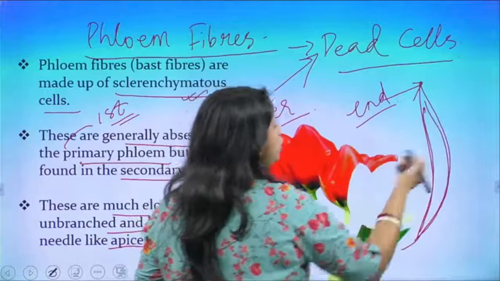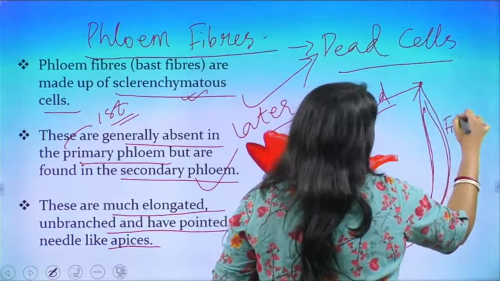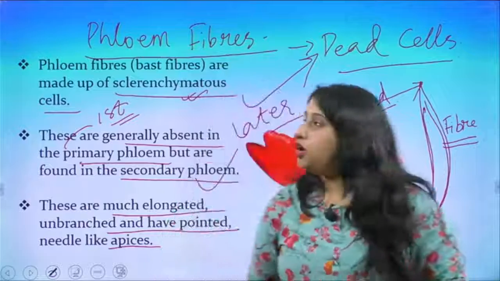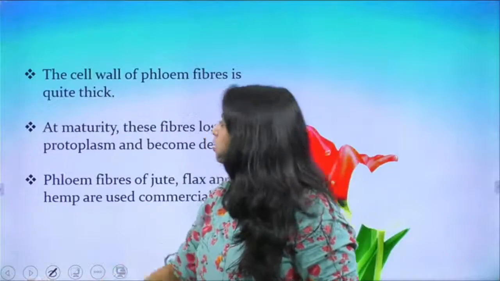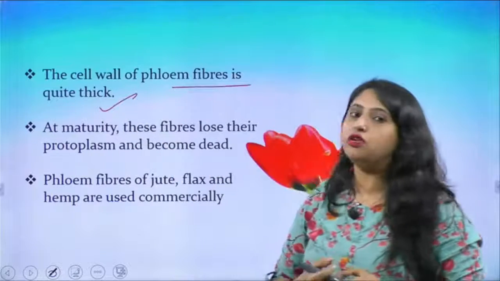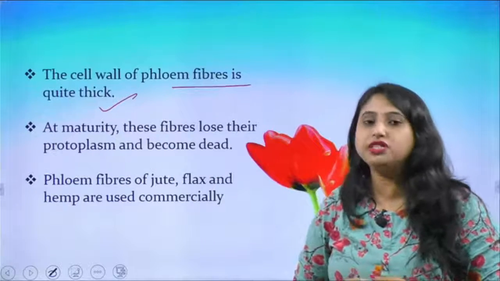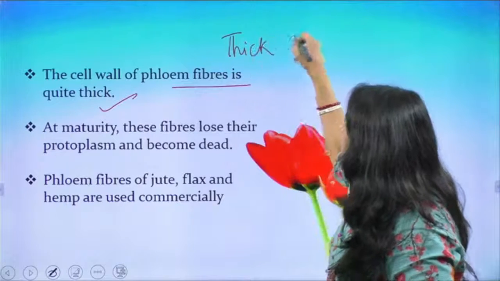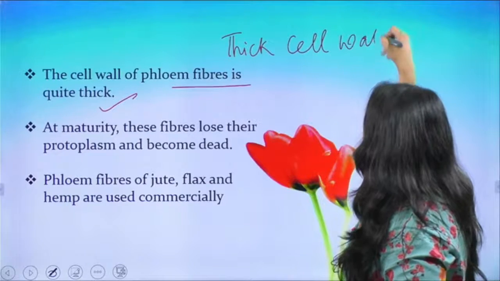So this is your phloem fiber. So this is all about the various elements of the phloem, and the cell wall of the phloem fiber, yes, it is always thick. Okay, fibers means they will always have thick cell wall.